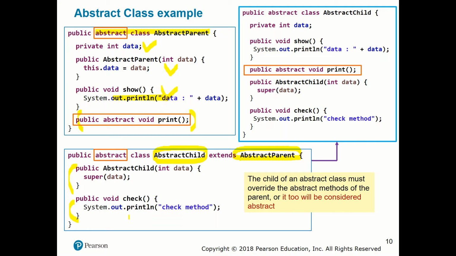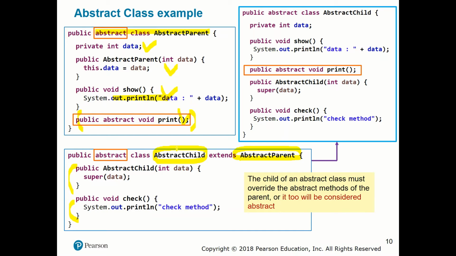As you see here, there is no abstract method here, but the child class did not override the parent's abstract method print. Then the child class inherits the print method in an abstract state.